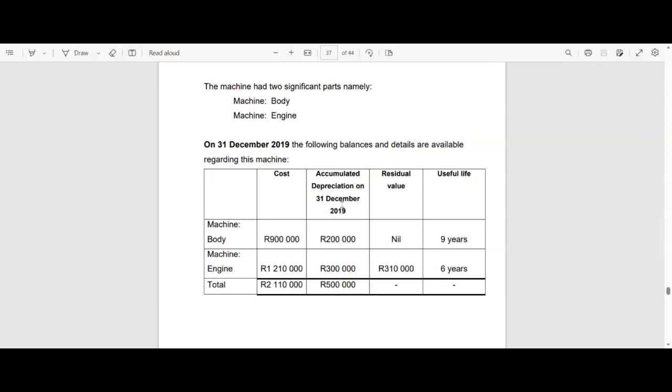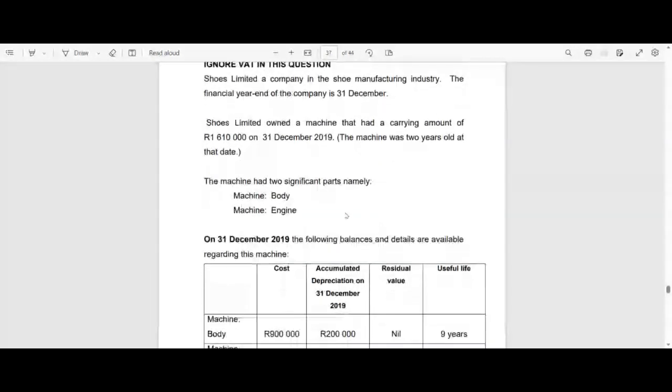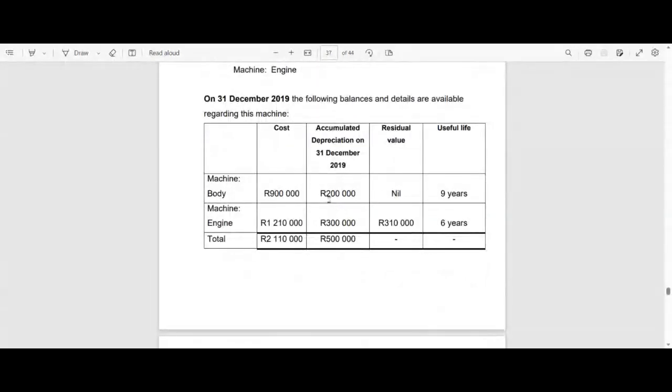Then on that 31st of December 2019, we had already used it for 2 years. So we've already depreciated it for the last 2 years. Our 2 accumulated depreciation accounts have these balances.